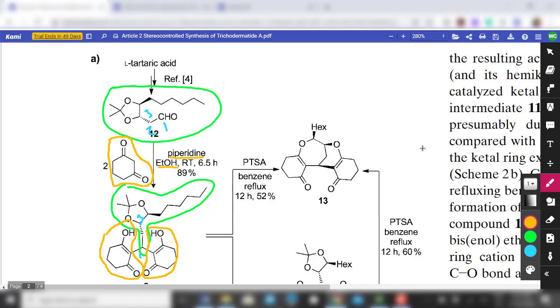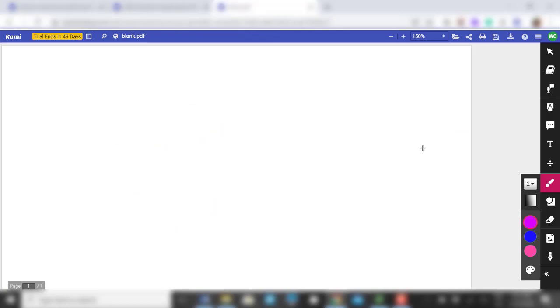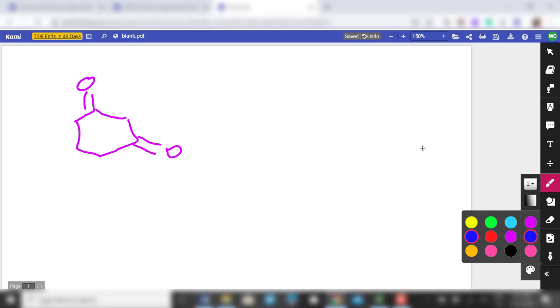Now it makes it interesting, because which proton is acidic enough for the piperidine to deprotonate? If we go back to the structure of the diketone, it looks like this. If you recall from your H3, you learned that the hydrogen that is bonded to the carbon next to the carbonyl group is acidic.